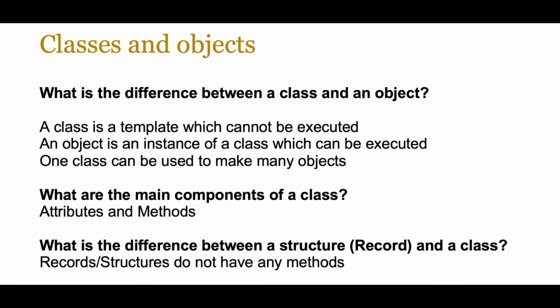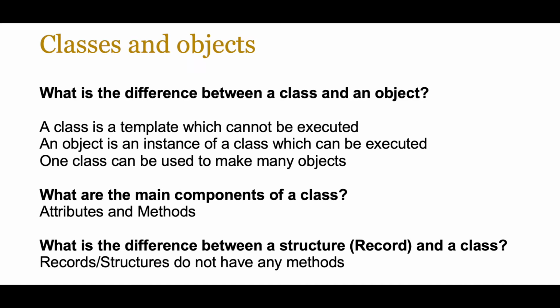So we create this template, and the template just exists until we create an object, and the object is where we do our operations or execution or functions. All of those run on that particular object. So the class is a blueprint, and the object is obviously what you make from that blueprint.